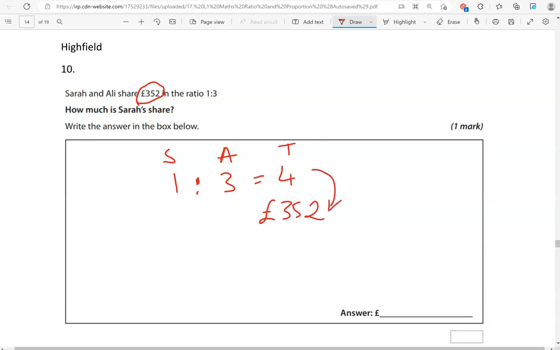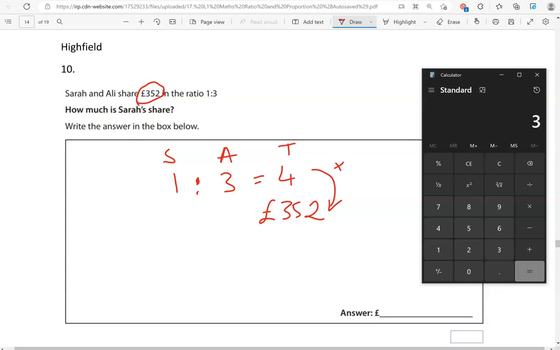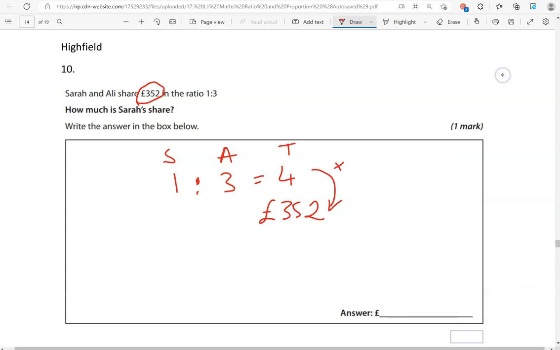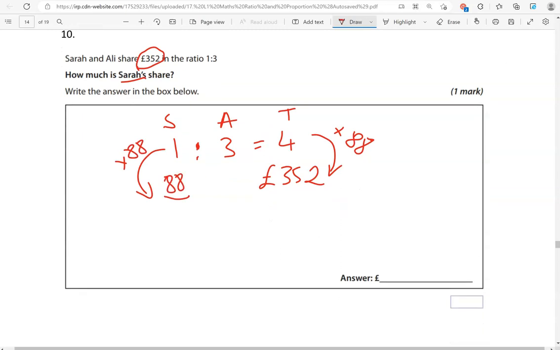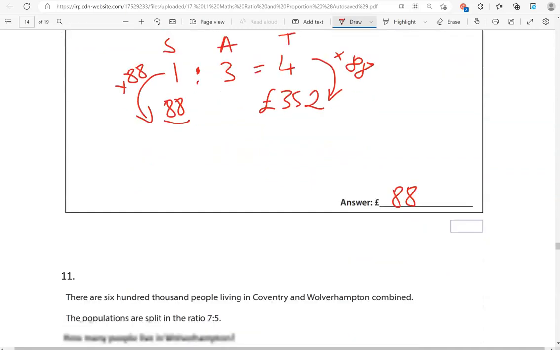So how do you get from 4 to 352? I'm going to do 352 divided by 4, which is 88. So 4 times 88 gives us 352. So I'm going to do the same here, times 88. Which one are we interested in? It's Sarah, so it's this one. So 1 times 88 is 88. So it's 88 pounds that Sarah gets.